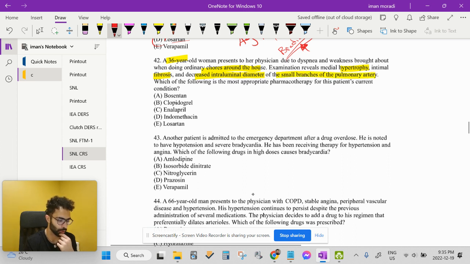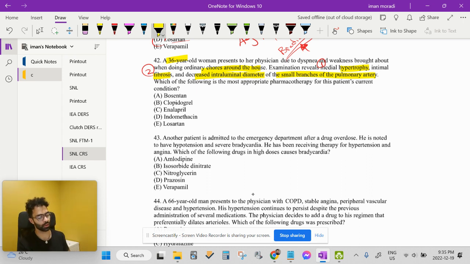These are characteristics of pulmonary hypertension, the type that's idiopathic and has a really bad prognosis. When I read this question, I felt a little sad because there's not much you can do about it.